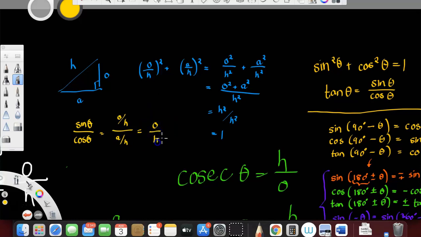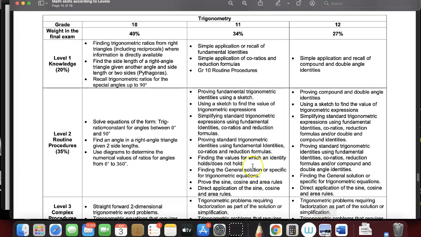So opposite over hypotenuse times hypotenuse over adjacent, which means those two will divide into each other so that I'm left with opposite over adjacent, and opposite over adjacent is tan theta. Okay, that's what we have there. So we need to be able to prove that.